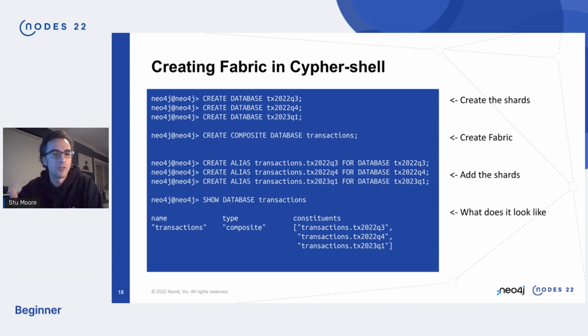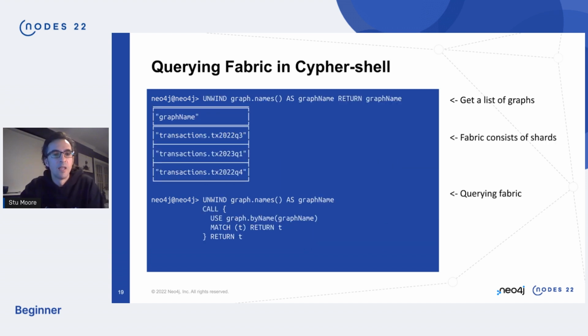When you then do show database on the transactions database, it tells you it's a composite database, and it gives you the constituent shards that exist within that configuration. This means that when you then query the composite database, you can get back a list of those shards, which then allows you to query Fabric and iterate over the shards within the Fabric environment.